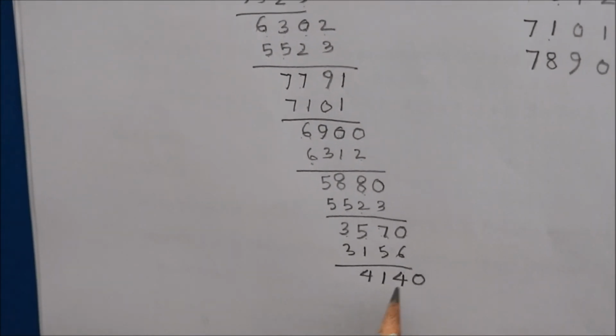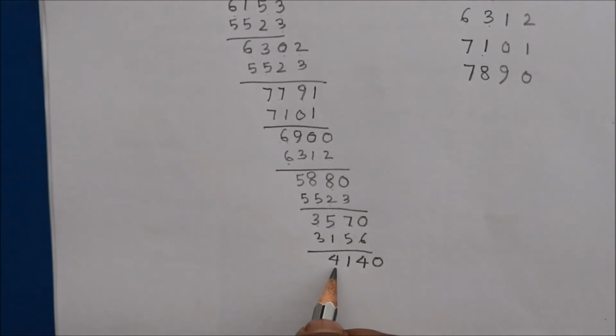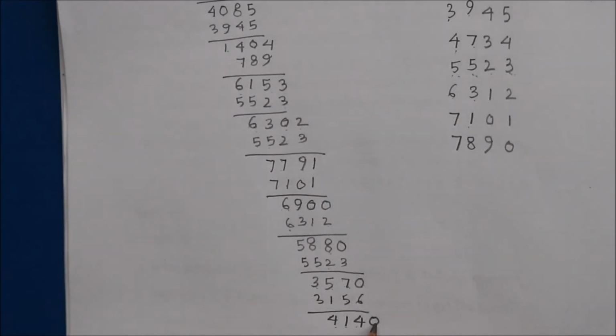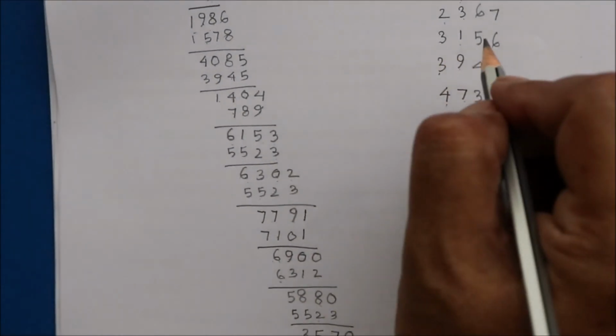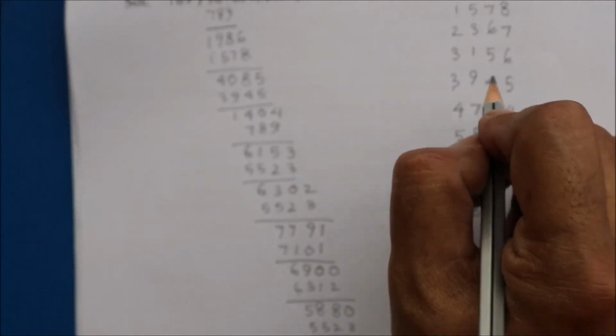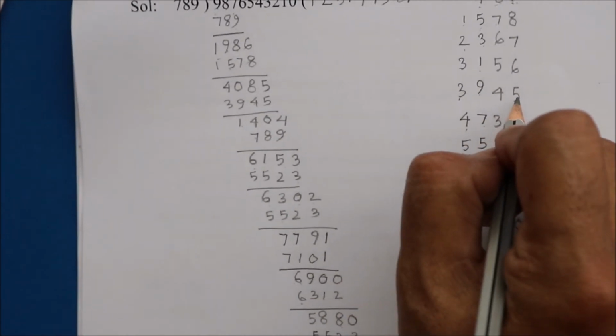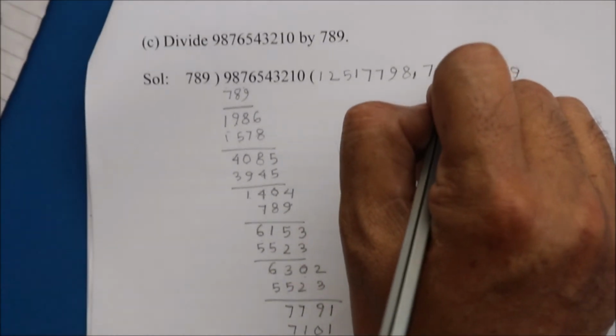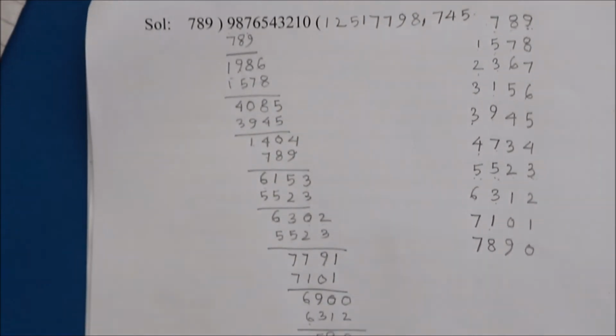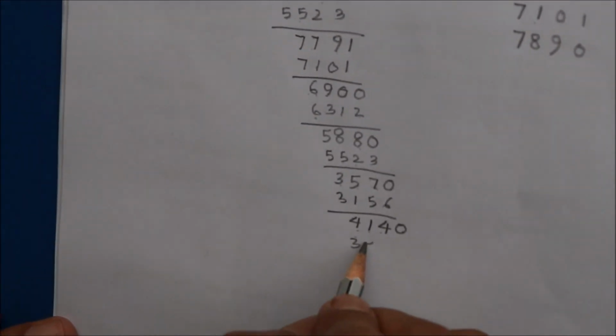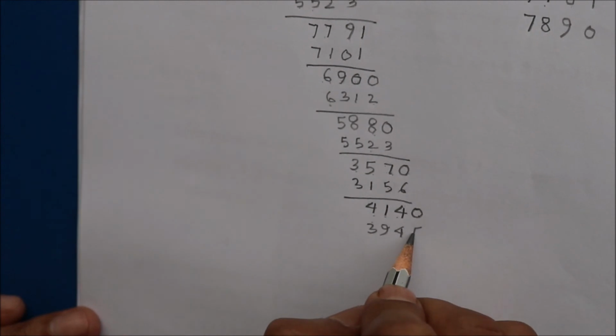Write 0 here. The nearest multiple less than 4140 is 3945, which is the 5th multiple. You write 5 here and write 3945.